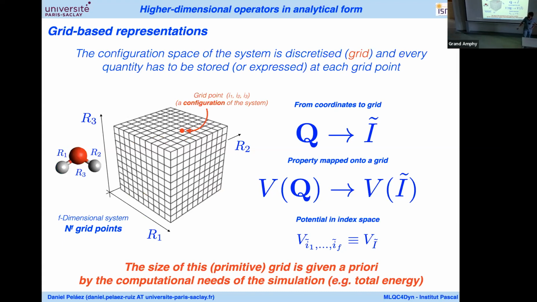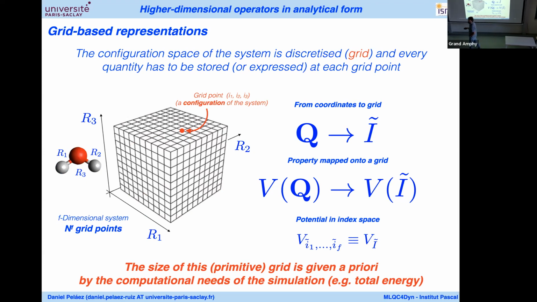So the problem we are facing is the following. We've got a molecular system, for simplicity 3D, that we can see on the screen. So we've got a water molecule, with 3 degrees of freedom. And then in quantum dynamics, the way we do that, we digitize the configuration space. So essentially, you take a number of points, you assume a number of discrete structures for this degree of freedom, for that one and that one, and you end up with a 3-dimensional grid.